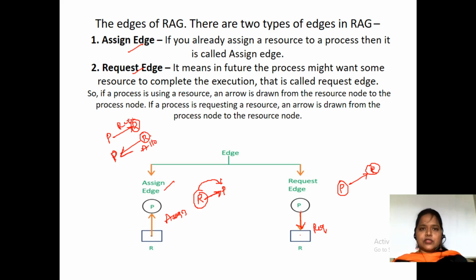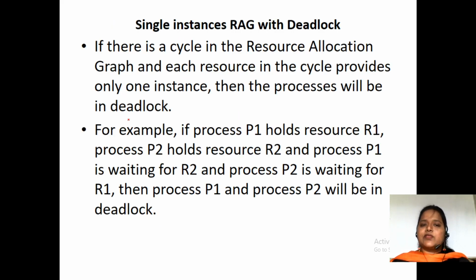This is how the request edge and the allocation edge work. Next, we will deal with the single instance resource allocation graph and the multiple instance resource allocation graph. Single instance means this is the single instance, and multiple instances means if you have many resources, this is the multiple instance.